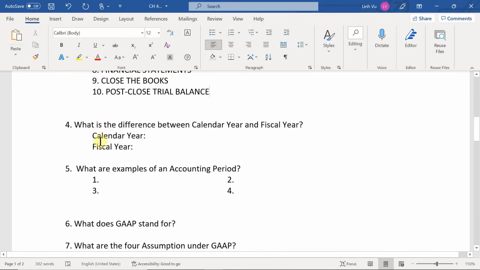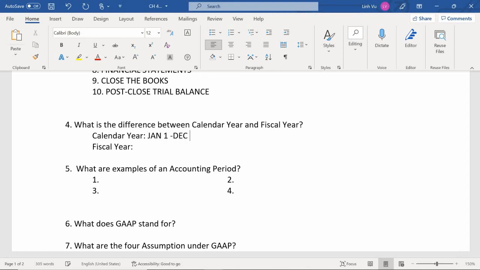Number 4. Okay, what is the difference between the calendar year and a fiscal year? You can give examples if it makes sense to you. Calendar year is January 1st to December 31st. Good.